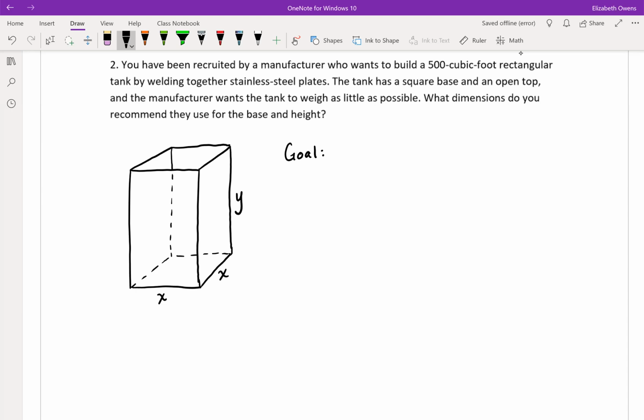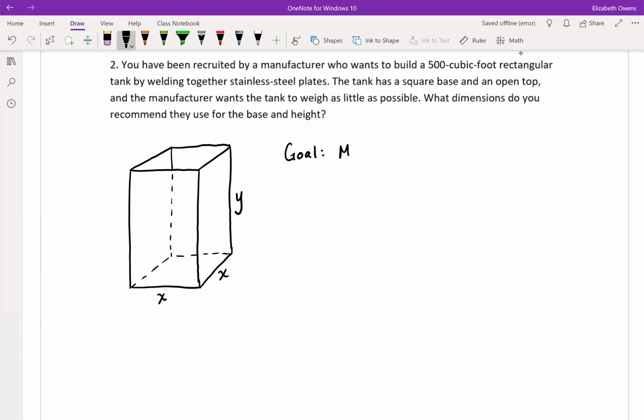Looking through this, the final answer we're going to give is the dimensions of the tank, but that's not really maximizing or minimizing. So we back up a little bit and we see the manufacturer wants the tank to weigh as little as possible. That is a goal that is minimizing something, minimizing the weight of this tank.